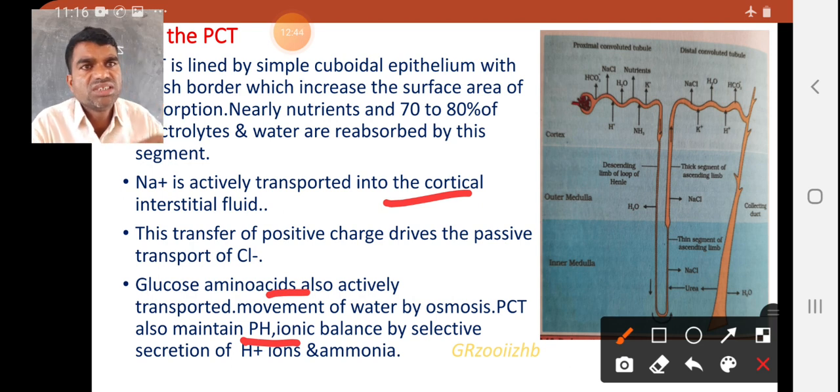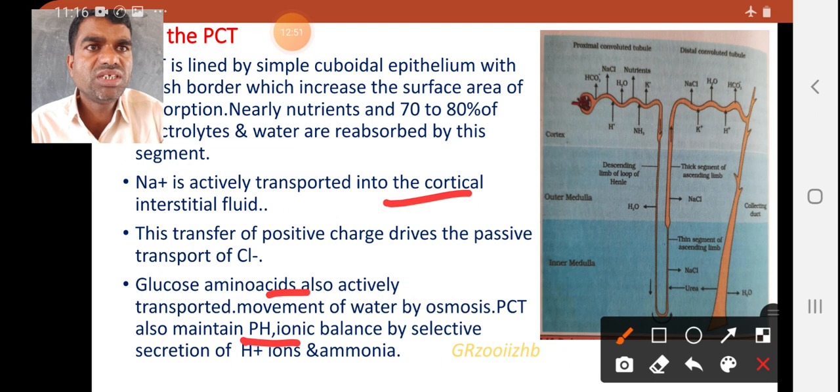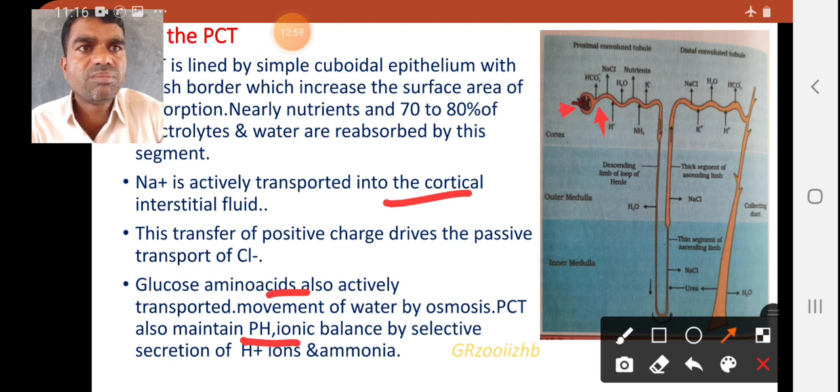See in this diagram, this is the PCT, or proximal convoluted tubule, in the cortex region. This is the glomerulus, and the cup-like structure is the Bowman's capsule. On the Bowman's capsule, the neck region is the PCT.